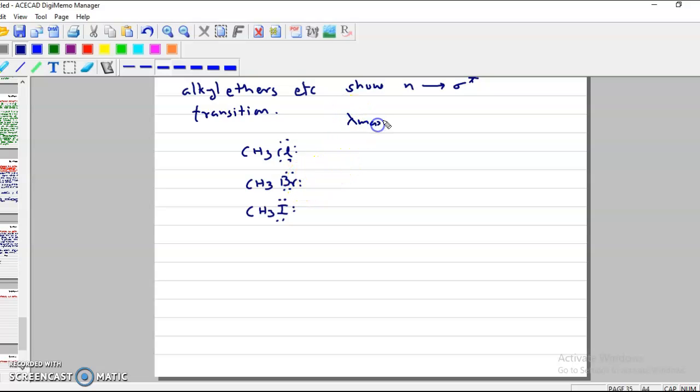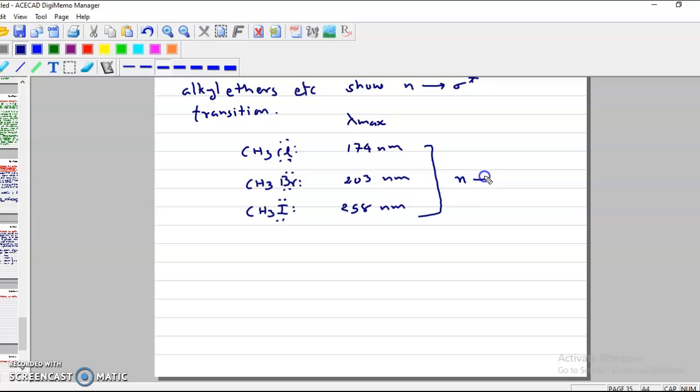So, lambda maxima of methyl chloride is observed at 174 nanometer. Methyl bromide would be around 203 nanometer, and methyl iodide may be at 258 nanometer. Here you can see wavelength of absorption increase for n to sigma star transition.